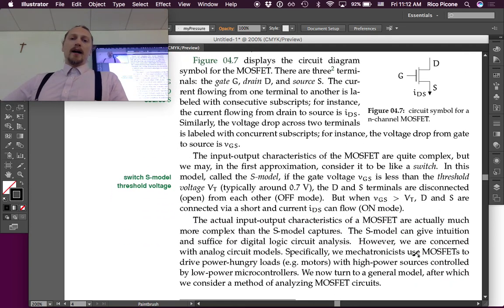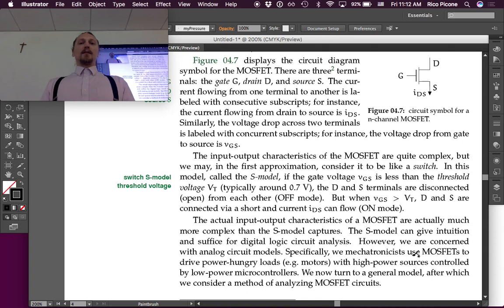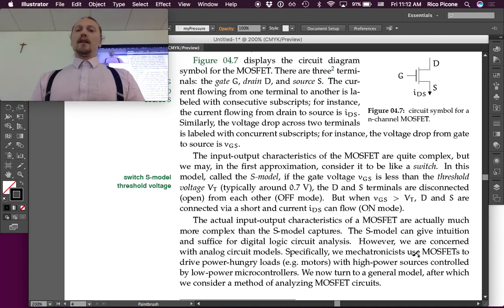Okay, the input-output characteristics of the MOSFET are quite complex, but we may, in the first approximation, consider it to be like a switch. In this model, called the S model for switch model, if the gate voltage VGS is less than the threshold voltage VT, which is typically around 0.7 volts, can range up to 1 volt approximately, the drain and source terminals are disconnected or open from each other, and so we are operating in off mode.